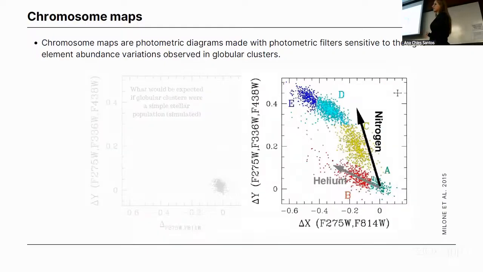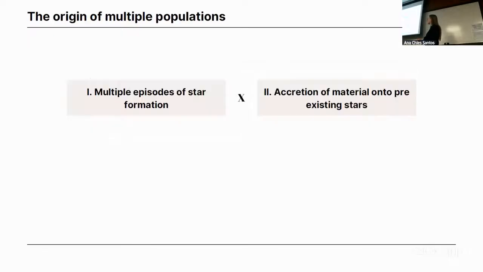This is because of the different light element abundance that we have in these multiple populations. So for example, we have that helium is varying in this direction and nitrogen in this direction for this combination of filters. As I said, we still don't know how multiple populations form, but all the formation scenarios that we have can fit into one of these 2 categories.